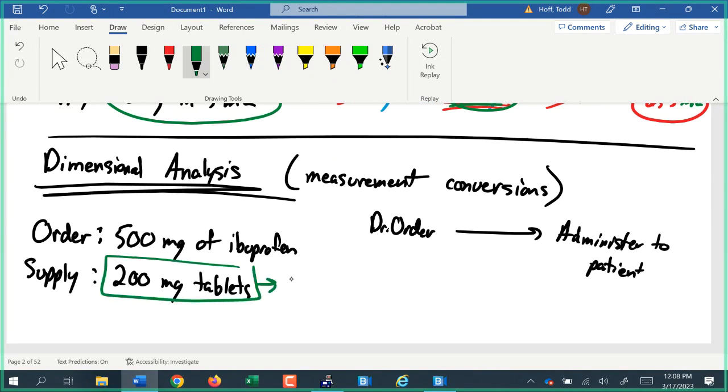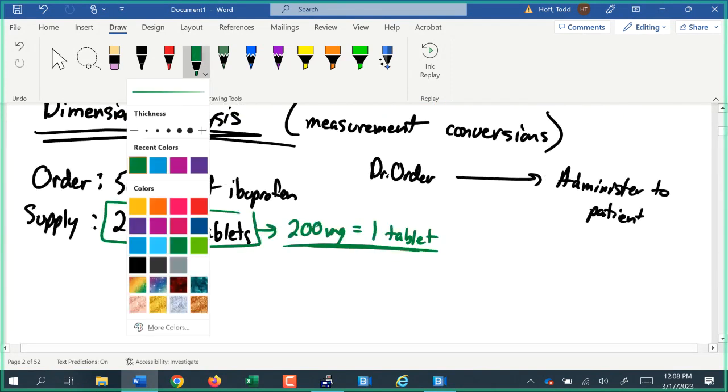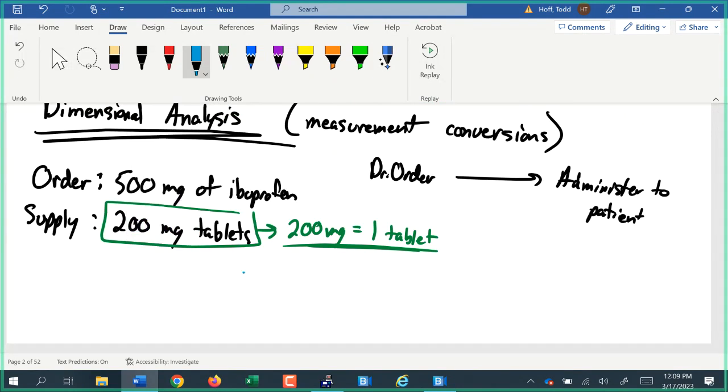So that 200 milligram tablets is saying that 200 milligrams is equivalent to 1 tablet. So now we can use that as an equivalency to convert our doctor's orders to a different unit. So our order is 500 milligrams. We put that over 1, just like we did with our measurements to make them a fraction so we can convert.